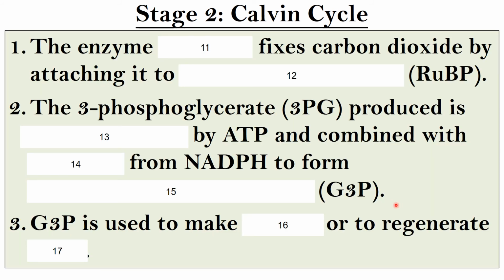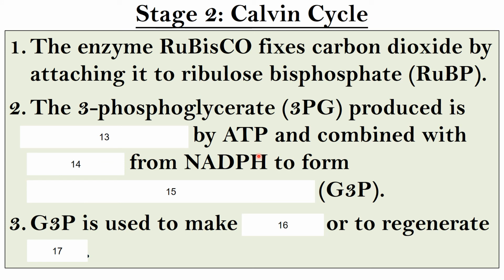So here's numbers 11 to 17, press pause and do that. Number 1, the enzyme Rubisco is 11, fixes carbon dioxide by attaching it to RUBP, ribulose bisphosphate. This produces 3-phosphoglycerate, and the 3-phosphoglycerate produced is something by ATP. This is a term which means that the ATP donates its phosphate group.